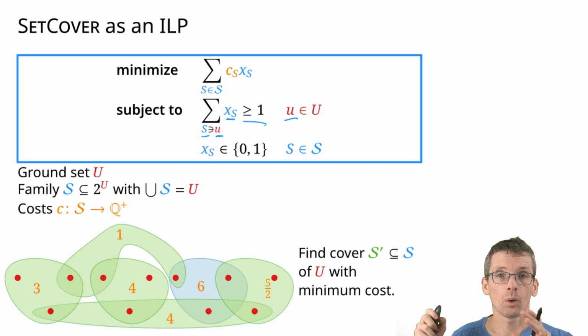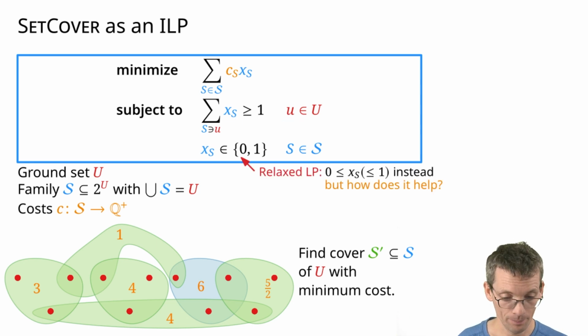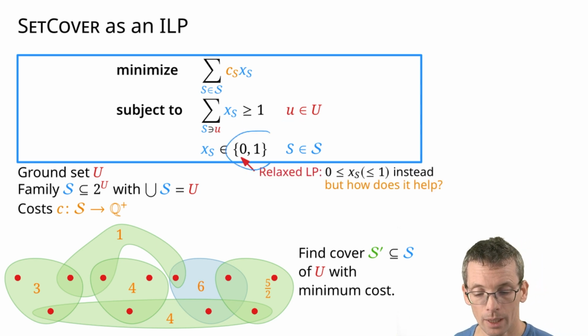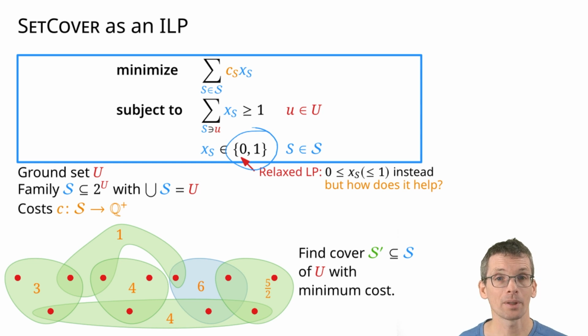And what we're now going to do is look at the relaxed LP. So we replace the constraint that x_s should be 0 or 1 by the constraint that x_s should be between 0 and 1.